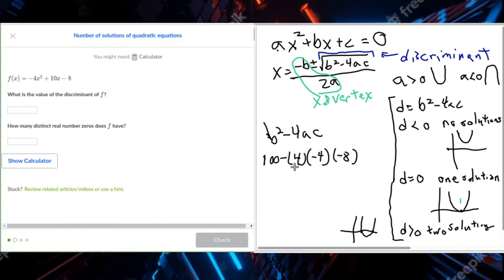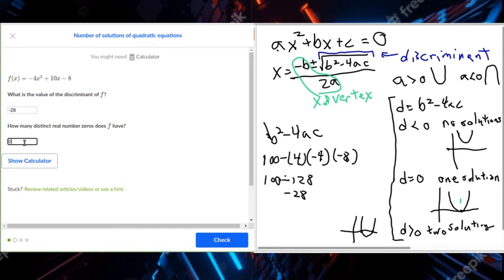We can simplify that: negative and negative, 4 times 4 is 16. 16 times negative 8 is going to be negative 128. So it's going to be 100 minus 128, and that answer is going to be negative 28. So what's the value of the discriminant? It's negative 28. And how many distinct real number zeros does it have? Well, it's less than 0, so there are no solutions. 0 real number solutions.